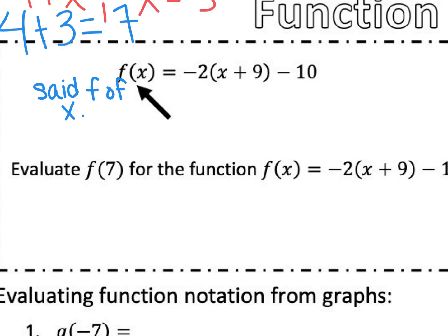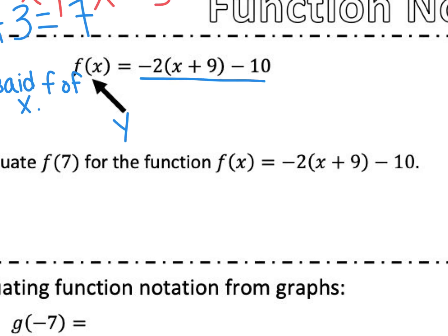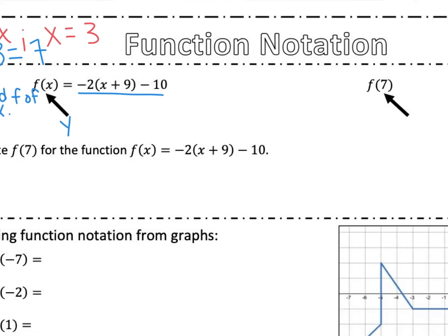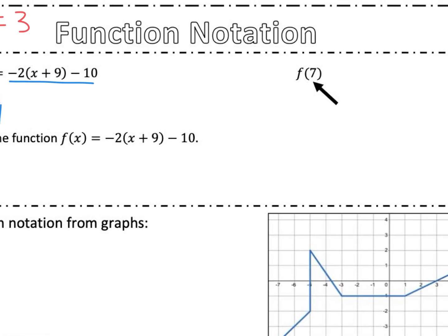So this is another way of writing y. F of x and y are the same thing. So if they're giving you this equation, negative 2 parentheses x plus 9 minus 10, and then we come over here, f parentheses 7, I want you to realize that this means x is 7.